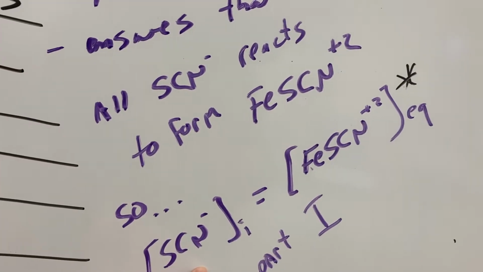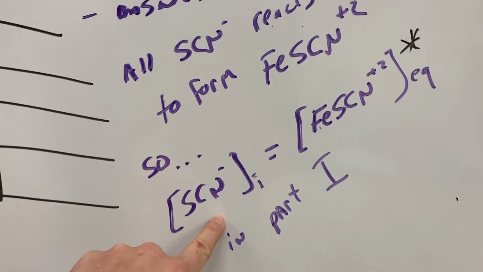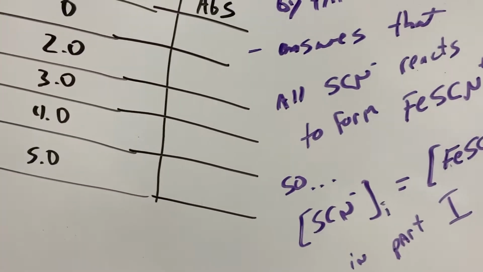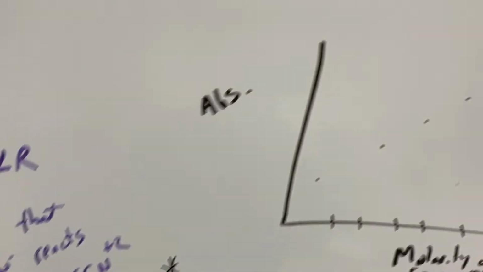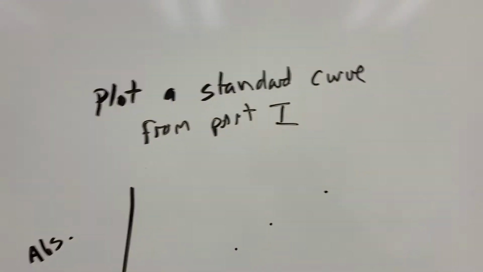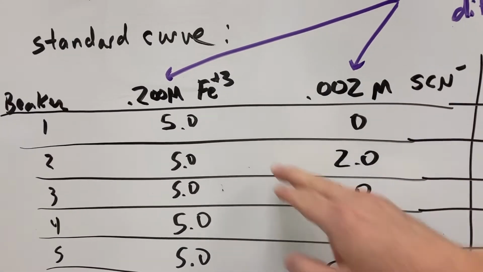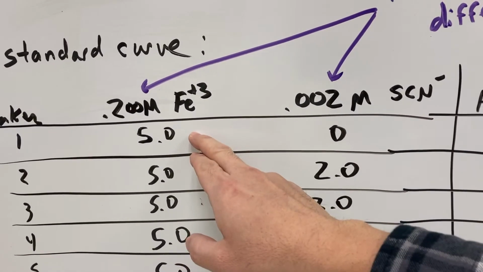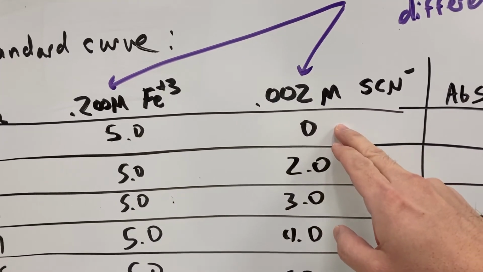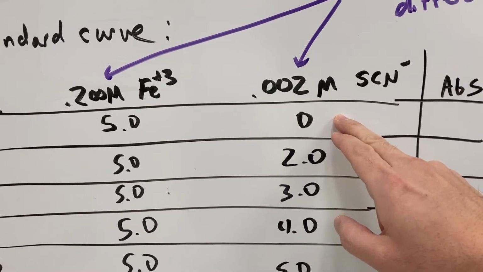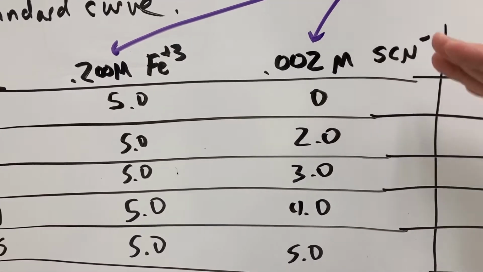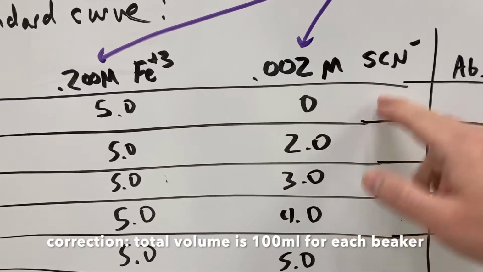So that is why we need to have such a huge difference in concentrations. All right, so by the way, these proportions here are all in milliliters. So tube one, for example, will have 5 milliliters of iron and no thiocyanate, and it's going to have water as well to make a total of 10. So 5 milliliters of water, which I didn't write.